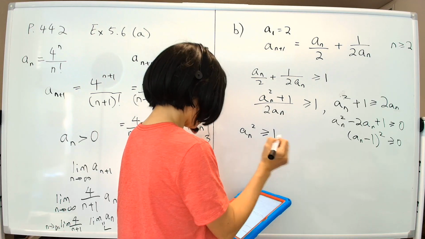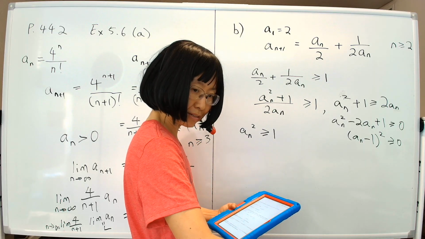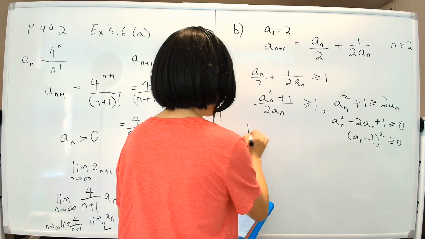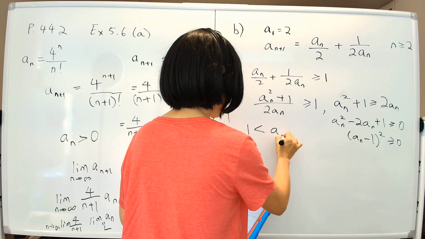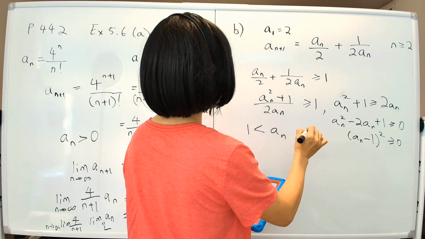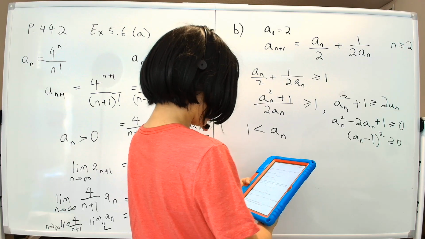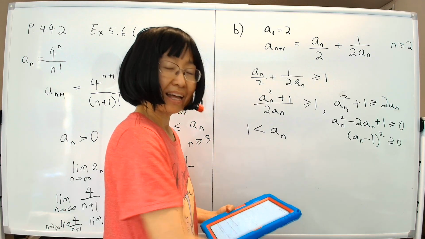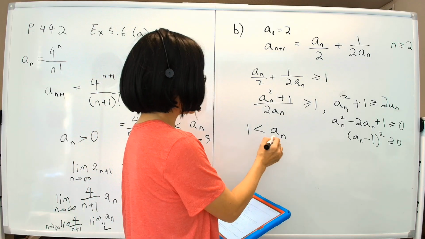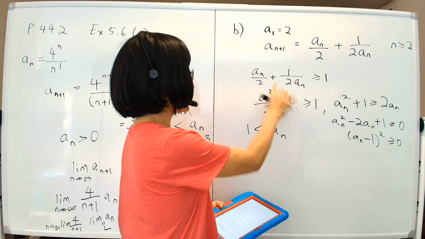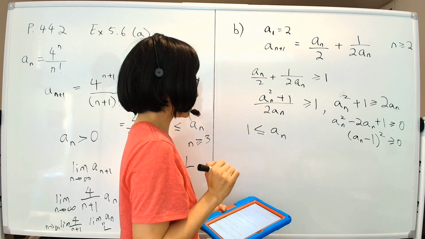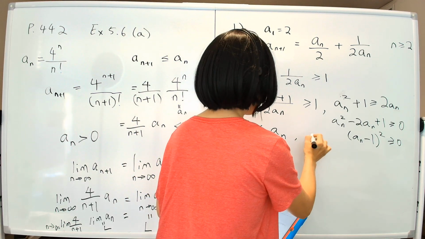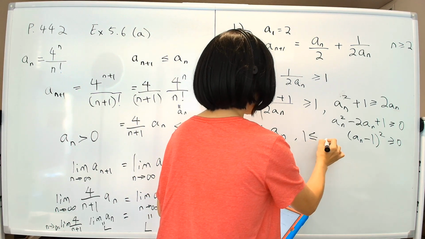Let me make sure I get the inequalities right. So an is bounded by 1, that is 1 less than an squared. Now, we have just shown that each an is bigger than or equal to 1, which means that this is also true for an squared.